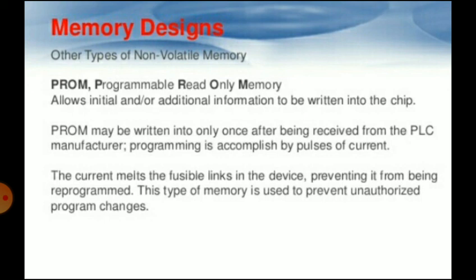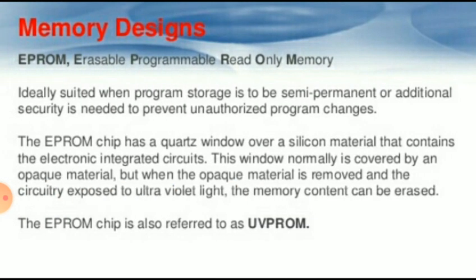PROM is a special type of ROM and allows initial and/or additional information to be written into the chip, and it can be written into only once after being received from the manufacturer. Then EPROM. EPROM is a specially designed PROM and is programmed using a dedicated programmer.